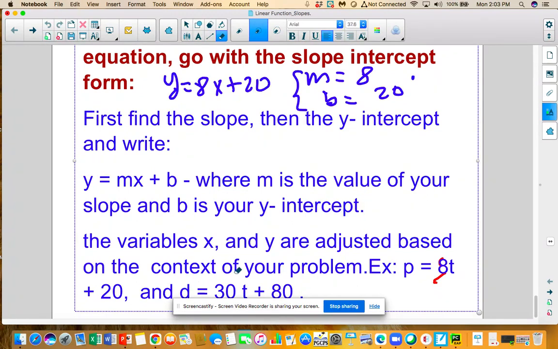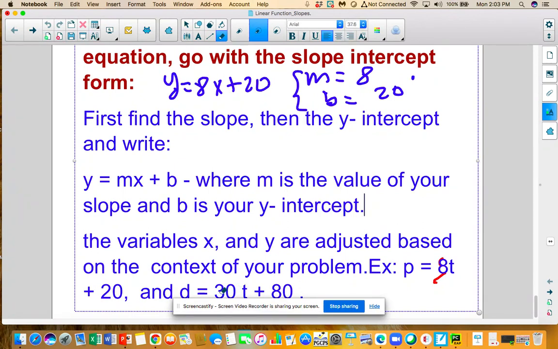If you are traveling, say you are traveling 30 miles per hour. The 30 is your slope. The keywords per hour are the rate of change. And you already did 80 miles in your trip, so you are starting off with 80 miles already traveled.